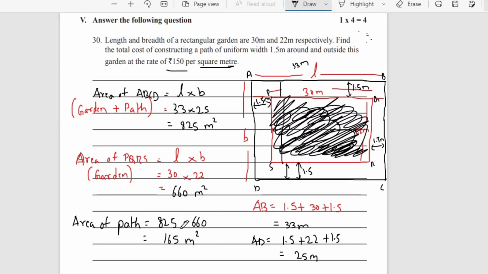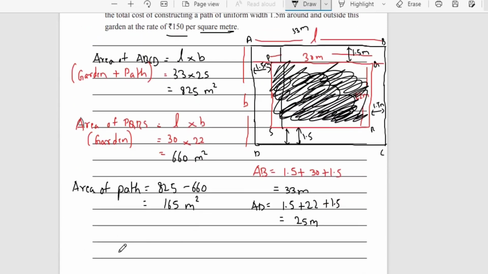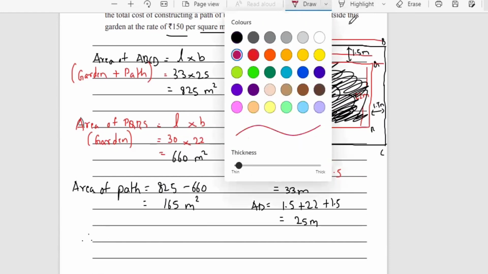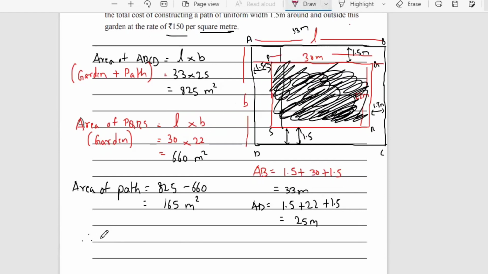That is the area of the path, and for that area of the path, we have to find out the cost. So therefore, cost of constructing path.